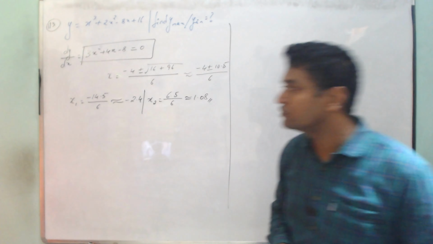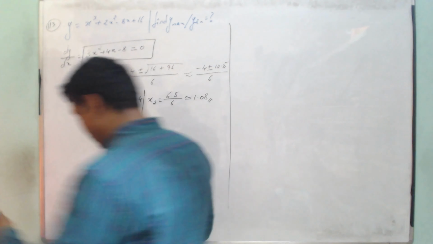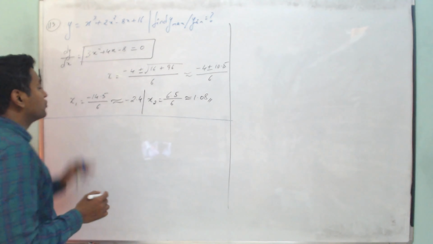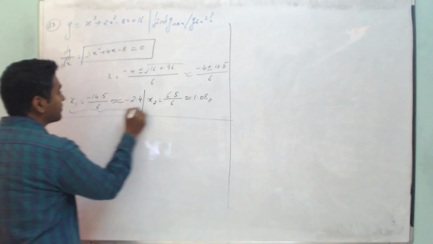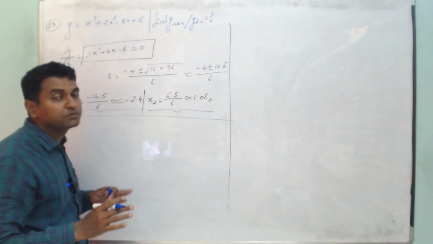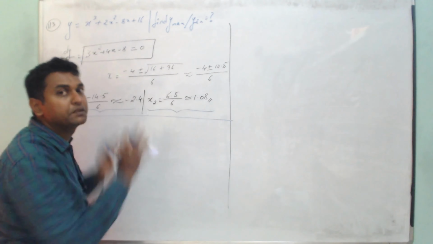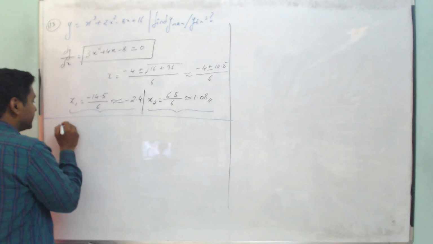We got two values, x1 and x2. Now, what shall we do? We found out where our maxima and minima are possible, but we are still not sure which x represents maxima and which represents minima.